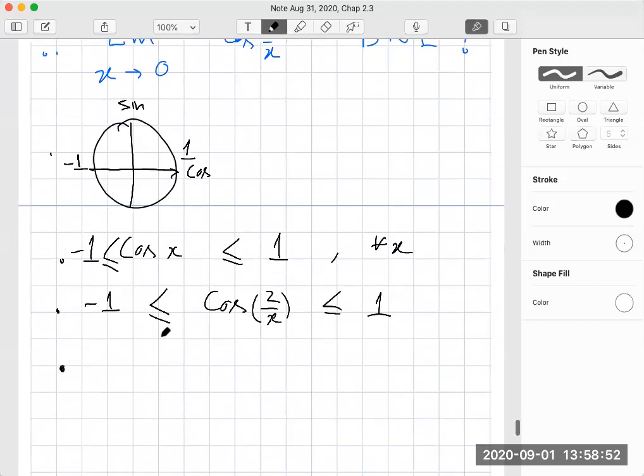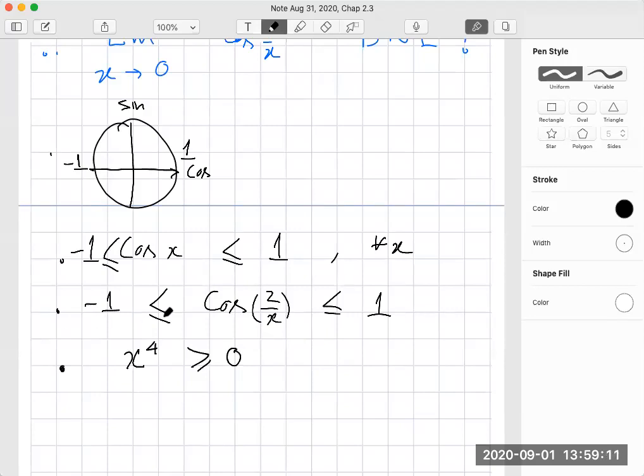And we know that x to the 4th is always larger than or equal to 0, right? Something to the 4th is always positive.